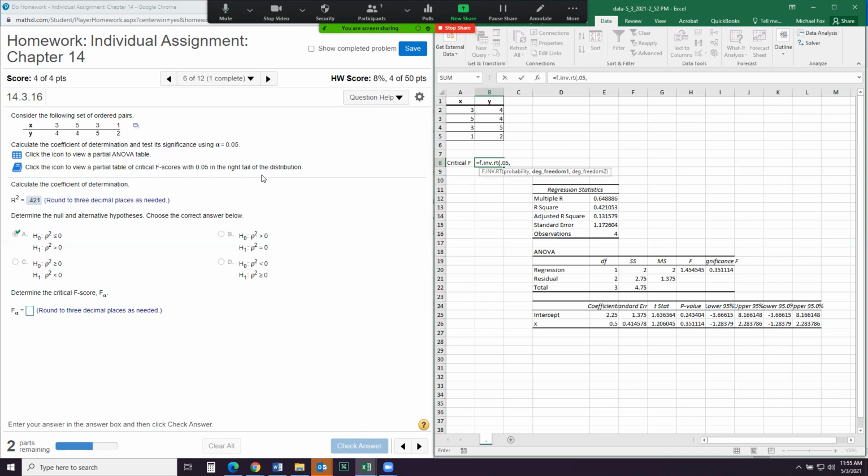And then there's always 2 degrees of freedom on F functions, or F distributions, and they're actually given to you here in the regression analysis. One is the degree of freedom, or DF, that goes with the regression, and the other is the DF that goes with the residual. So mine is 1 and 2.